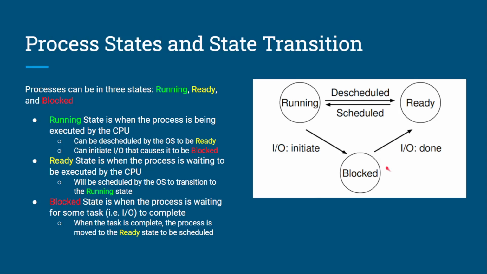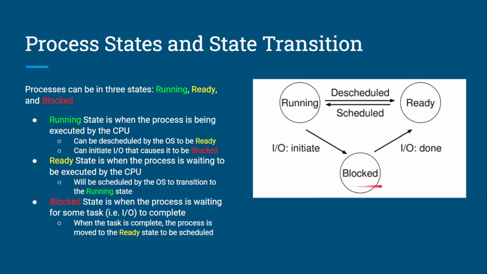All I/O ends up blocked, but other things end up blocked as well, such as waiting for a resource to be unlocked or waiting for a process sleep timer to expire. In any case, whatever caused the block will eventually resolve itself, and when that happens, the process in the blocked state will be moved to the ready state so that it may be scheduled.